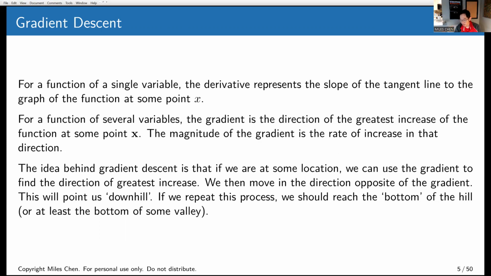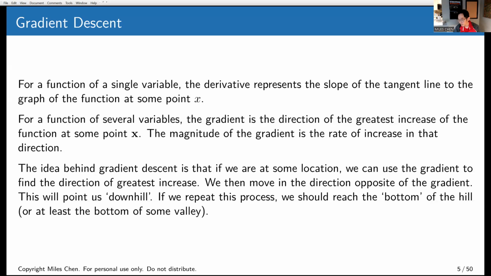Now we are looking at a multivariate function, a function of multiple variables, and you have some location x, a coordinate of several variables. The gradient is the direction of greatest increase for the function at that location x, and the magnitude of the gradient is the rate of increase in that direction. You're going to get a vector which points in the direction of greatest increase.